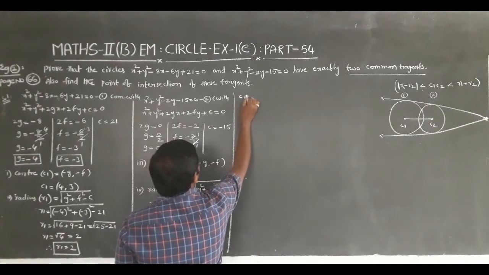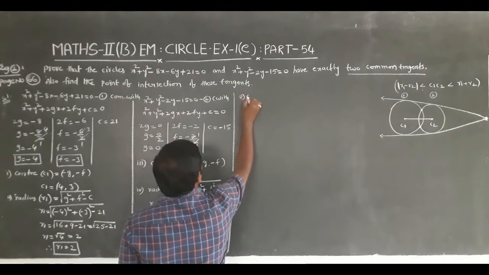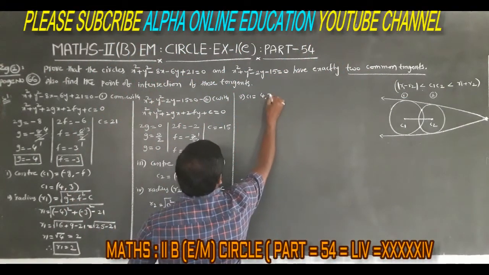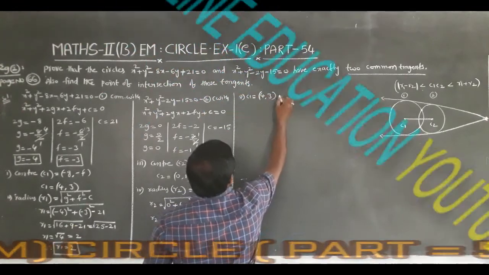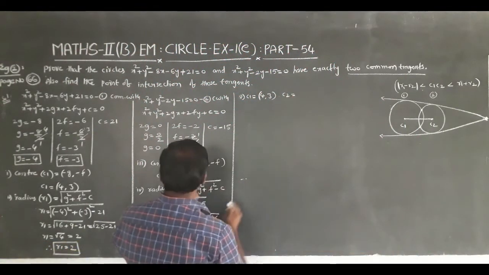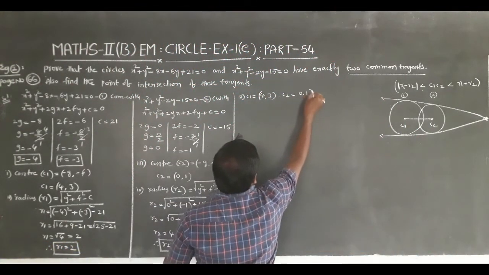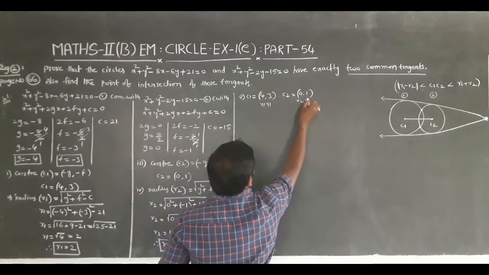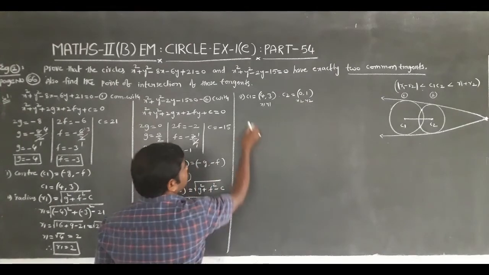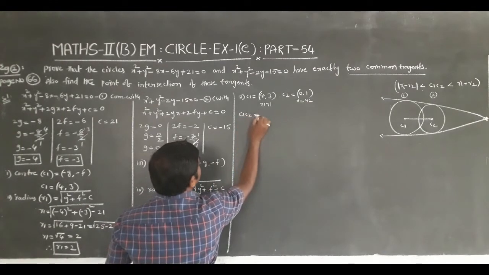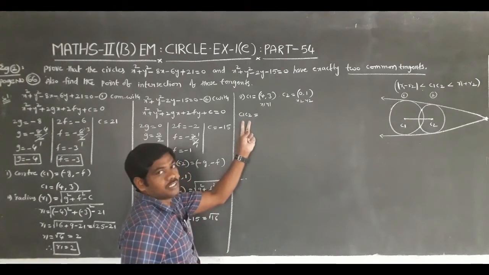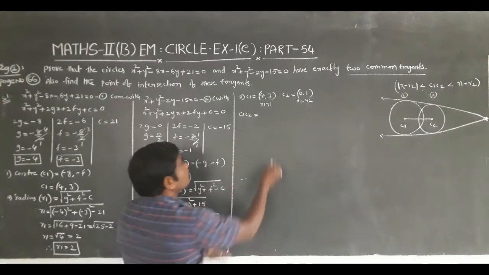Here C1 is equal to (4, 3). C2 is equal to (0, 1). Let C1 be (x1, y1), C2 be (x2, y2). C1C2 means the distance between the two points.